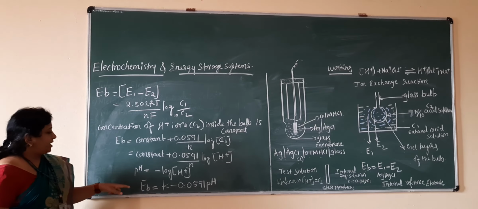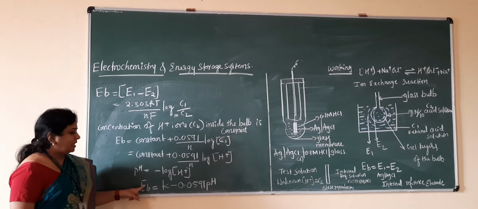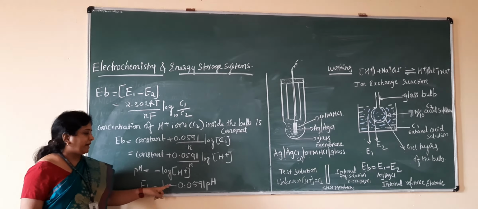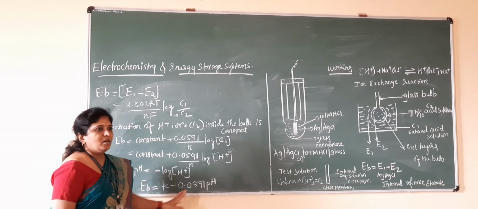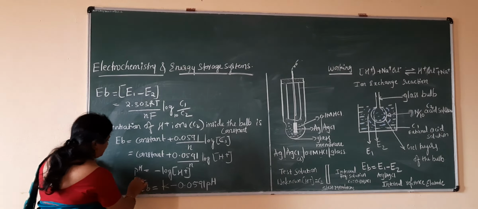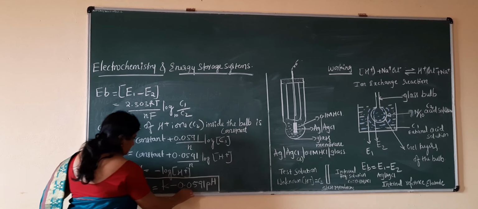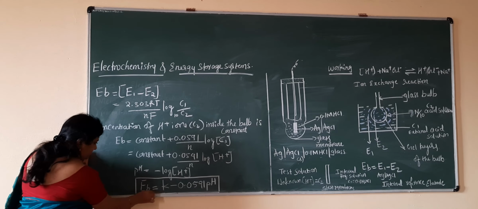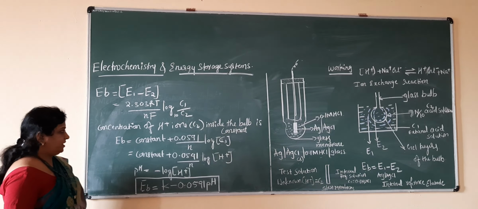So the equation becomes EB, the boundary potential, is equal to K minus 0.0591 pH. This is the equation for the boundary potential.